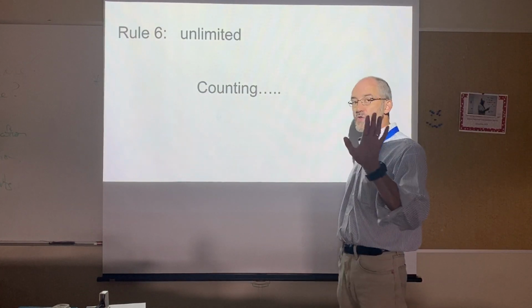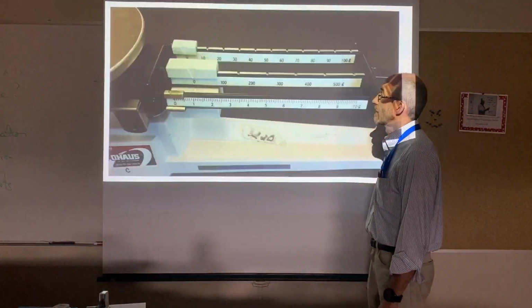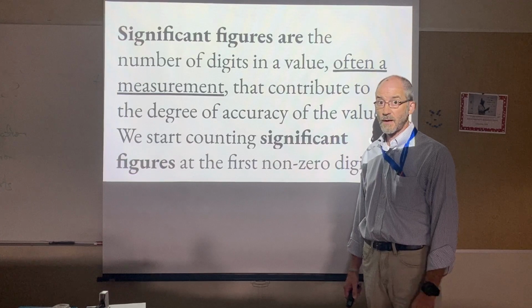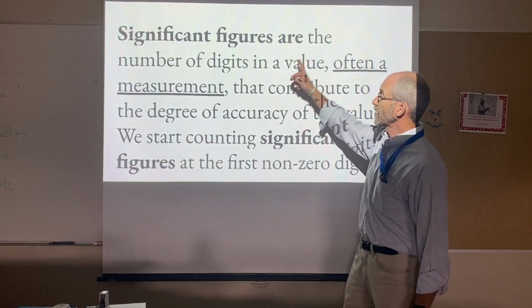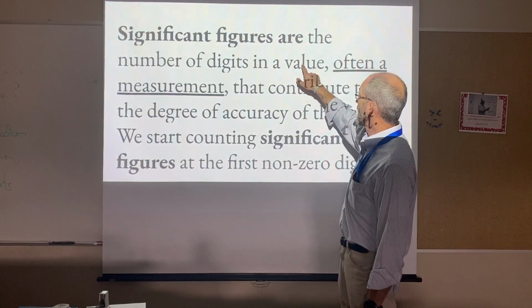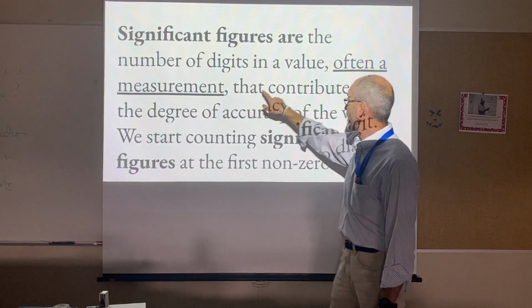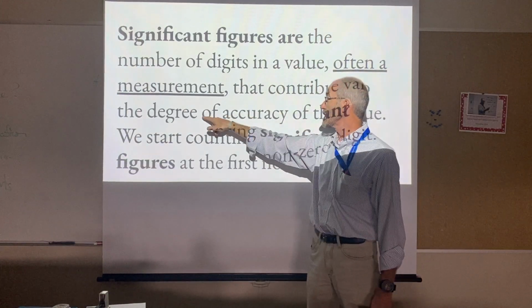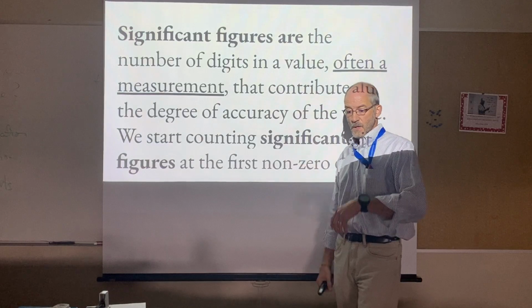Okay? So we go all the way back to our first definition. After talking about this together, significant figures are the number of digits in a value, often a measurement, that contribute to the degree of accuracy of the value. Okay?